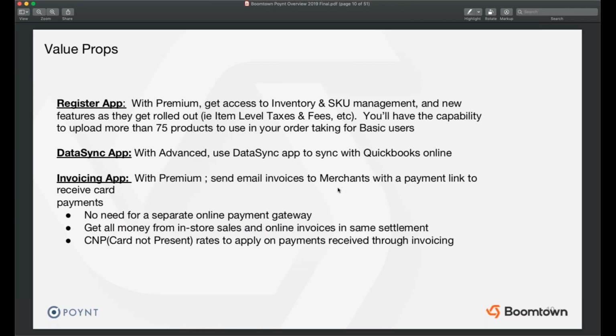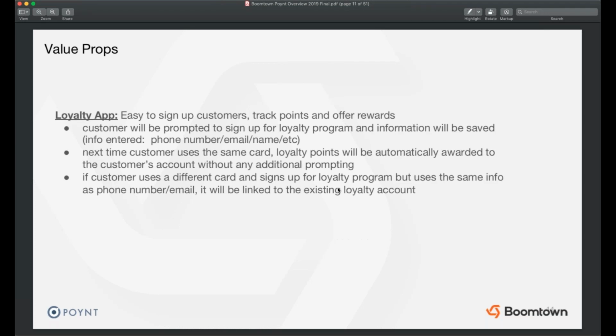So let's go over some of the value props here for these new packages. Again, the Register app, just adding more items, being able to use that QuickBooks integration, going to do the inventory management as we talked about, the invoicing capabilities. These are for more merchants who are probably processing a lot and need more.